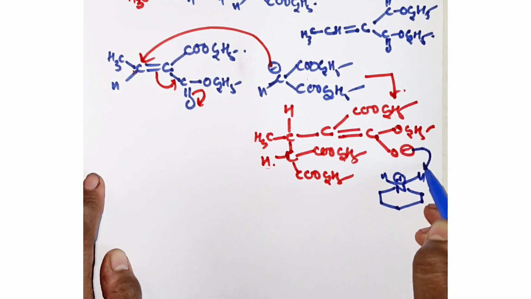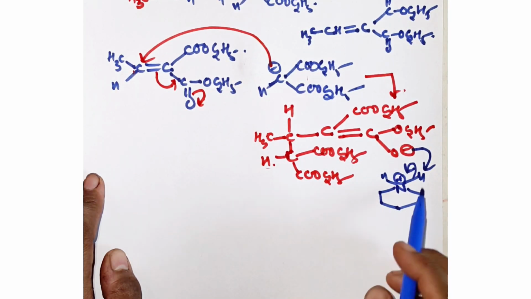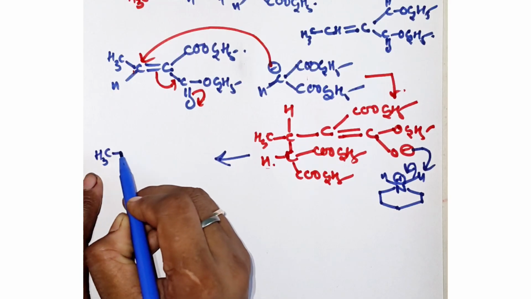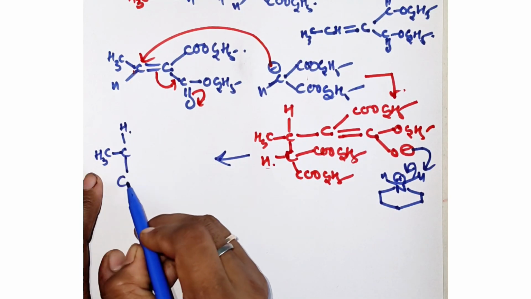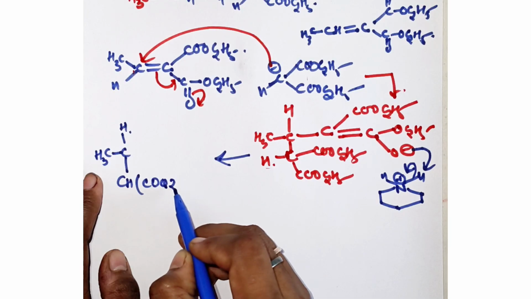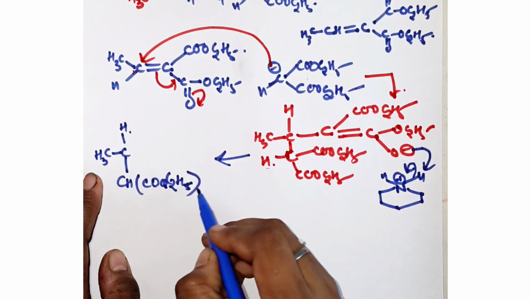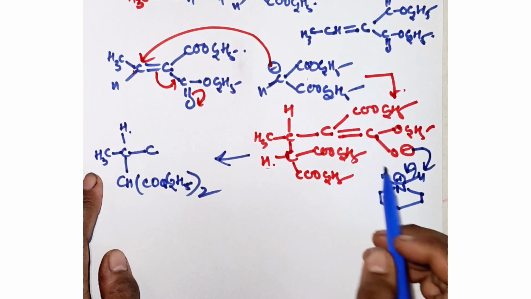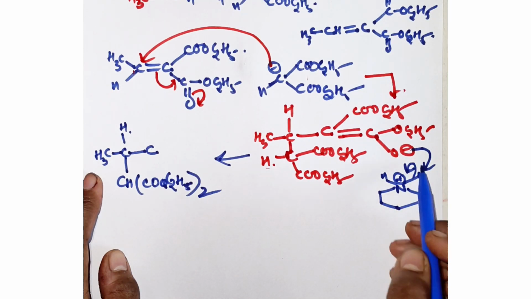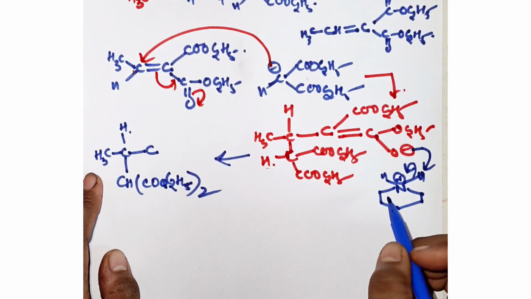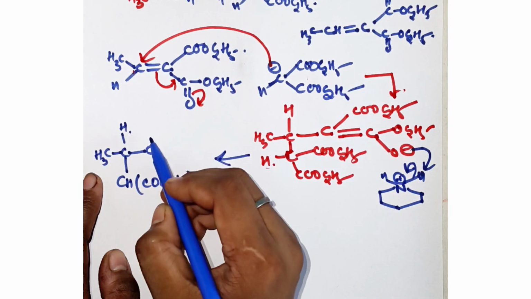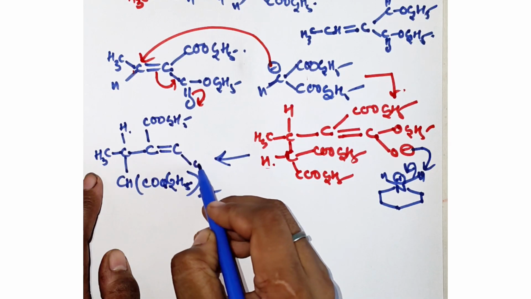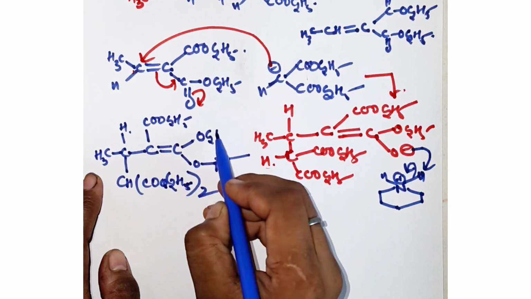This one is going to take up the hydrogen of the base, generating the base back into the reaction. Then you get CH with COOC2H5 twice, and here it is C. Here, if this one takes up the hydrogen, it forms this way, with C=O, then OH, then OC2H5.